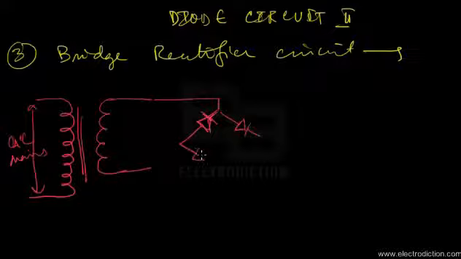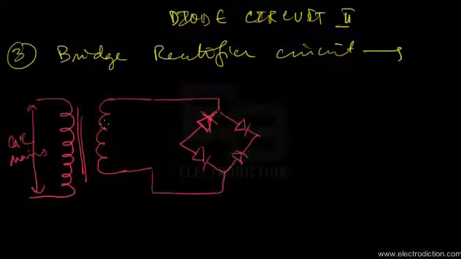Here we have the diode bridge, and the AC input is applied across these two terminals, as you can see here. Let me name them terminals A and B. The terminals of the transformer secondary coil, I named 1 and 2.